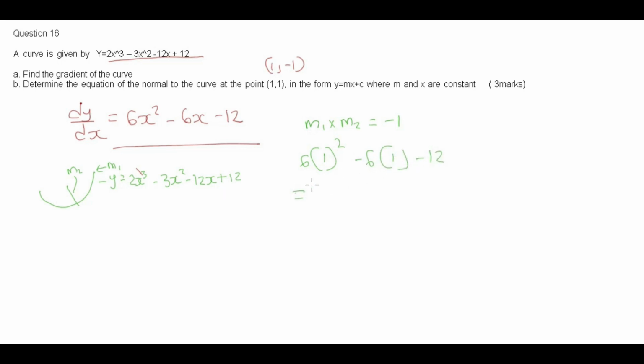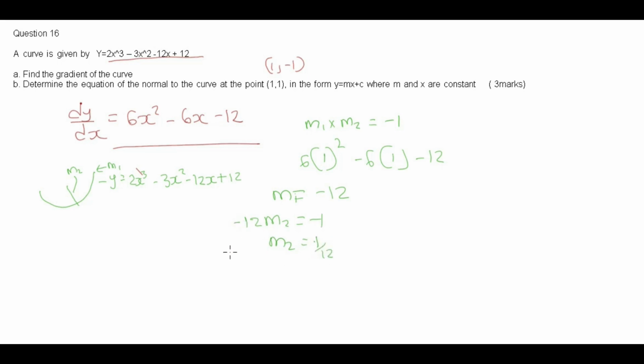So the gradient is −12. So m1 is −12. So −12 times m2 is equal to −1, so m2 is equal to 1 over 12.